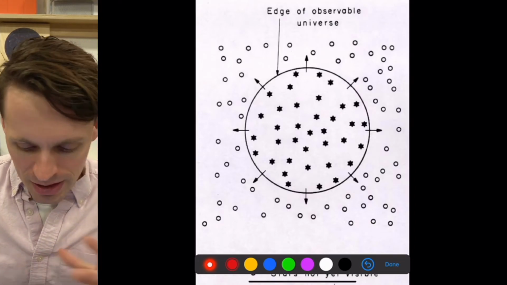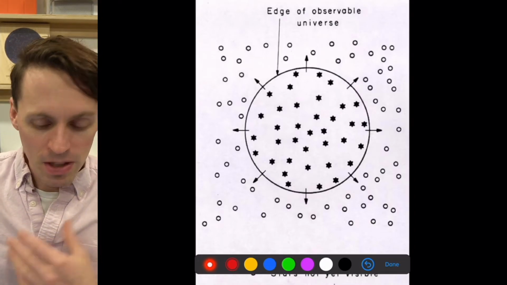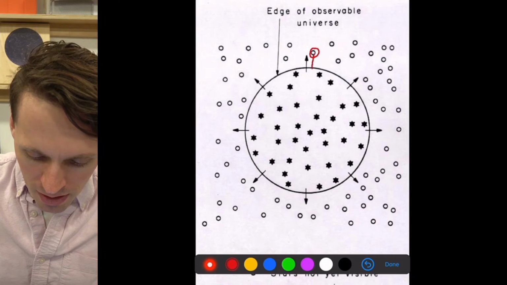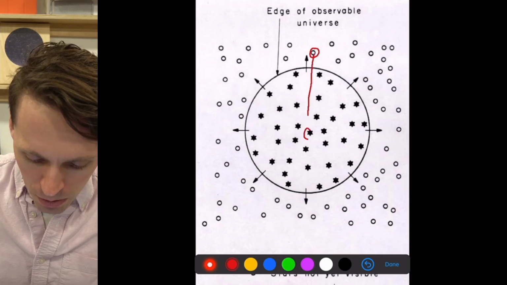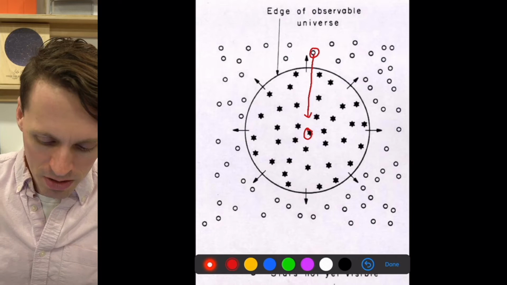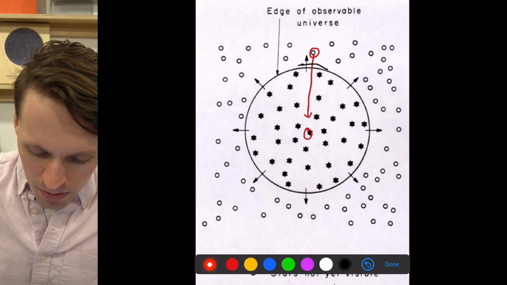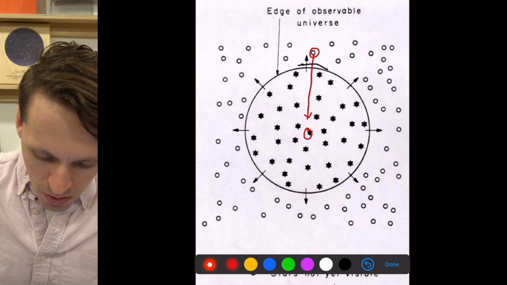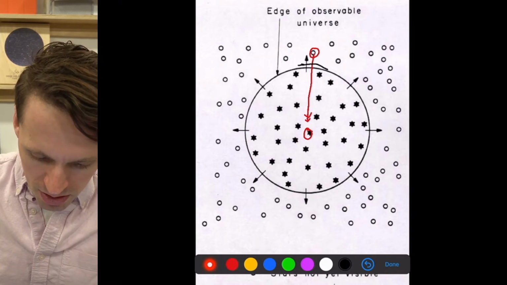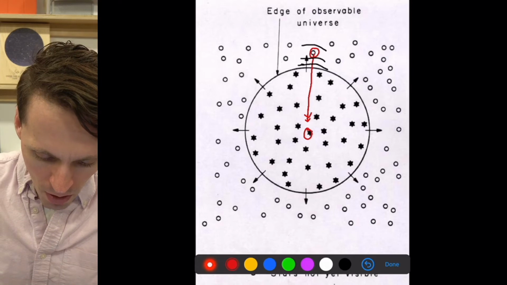Our universe is expanding. The light from distant objects, like this star, has left, and if we're right here in the middle, the light hasn't gotten to us yet. But if we wait a little bit longer, this black line moves out, and that light will start to reach us, until the black line, and now the light has reached us.